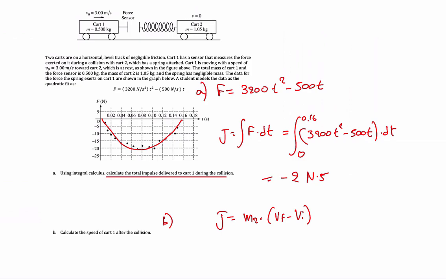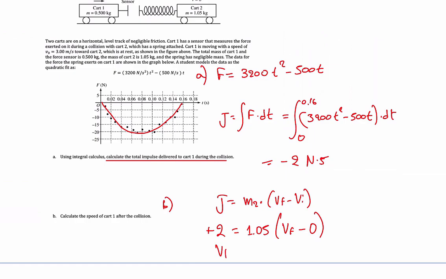Now a little bit careful, the impulse on the cart 1 is negative 2, so the impulse on the second cart will be in the opposite direction, so the impulse will be plus 2. The mass 2 is 1.05, and the v final is unknown, and the v initial is 0. So the v final is 2 over 1.05.